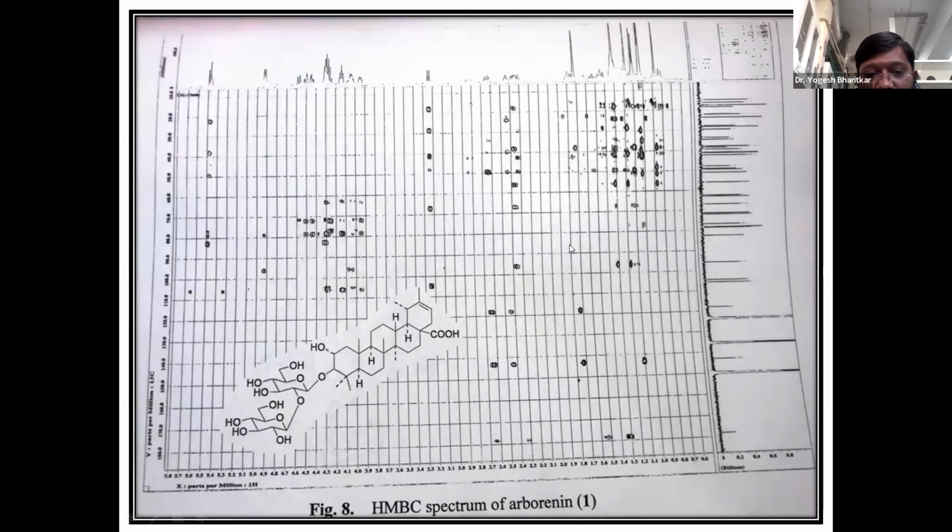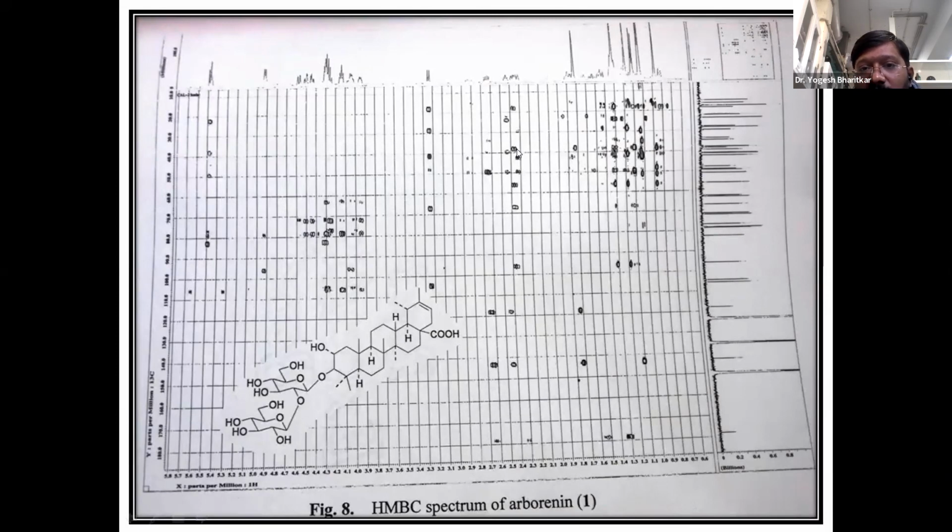This is the HMBC spectrum, more complicated than HSQC. Here we get all types of correlation, meaning which proton is near which carbon. We get long range coupling, mainly 3J coupling, so we can connect through bonds.